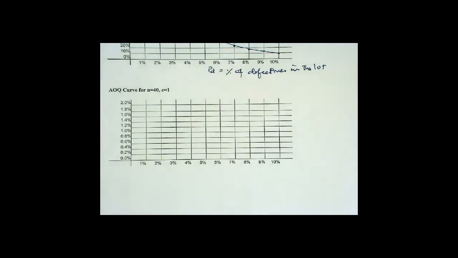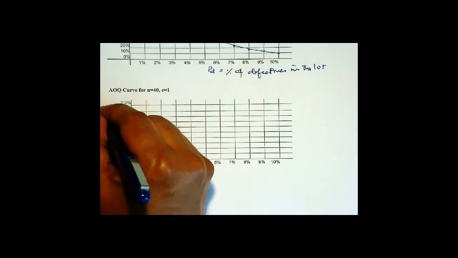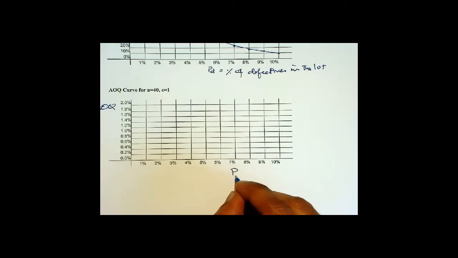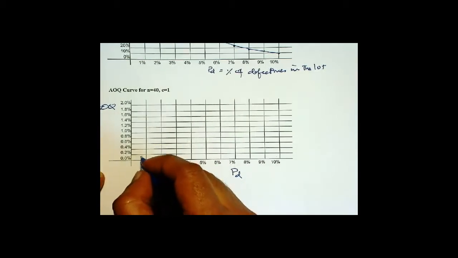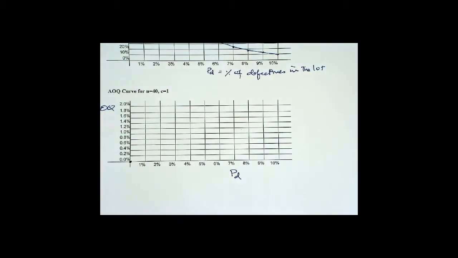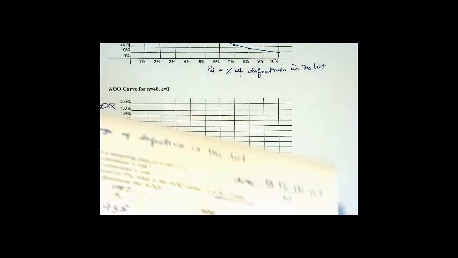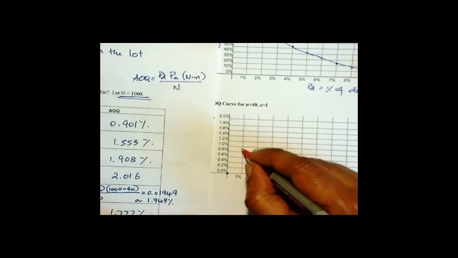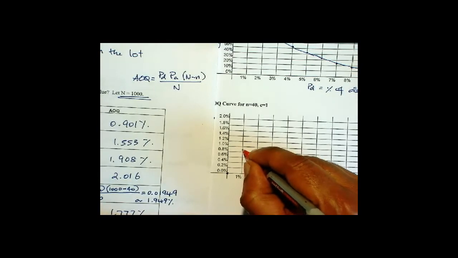Okay, so we're going to plot. This is AOQ, and we have P sub D here, because we start with 0 and 0. Next is for 1%, 0.901. So here we have 0.901 over there.